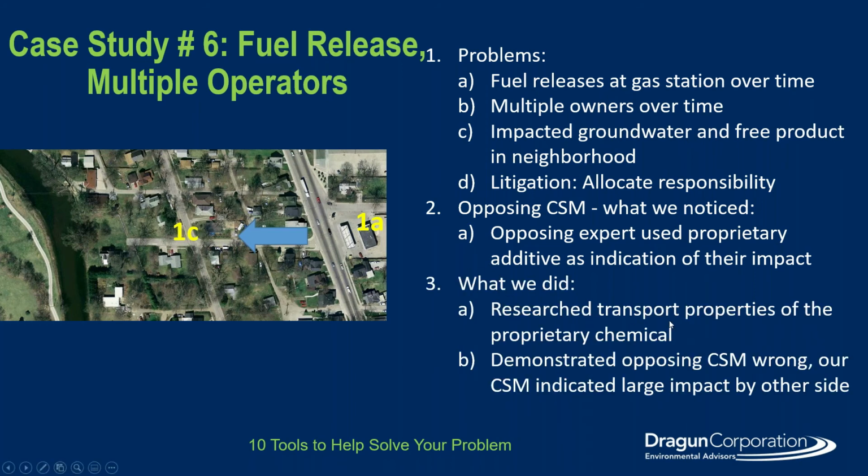But what we did was we researched the transport properties of that proprietary chemical and found that it doesn't travel nearly as quickly as some of the contaminants like benzene and toluene that were in the groundwater plume. We demonstrated that the opposing experts' conceptual site model was wrong, and our conceptual site model indicated large impact by the other owner. So the outcome favored our client.